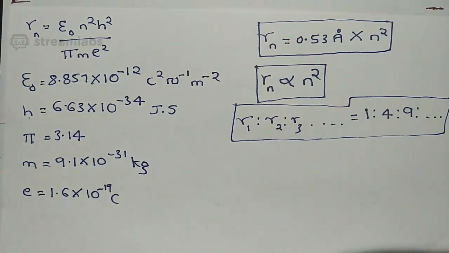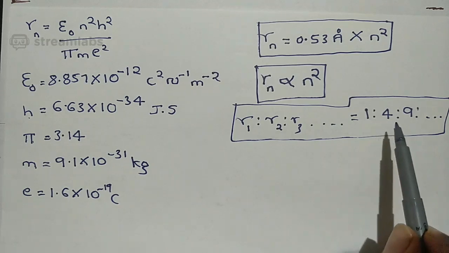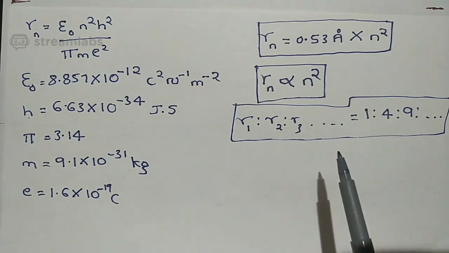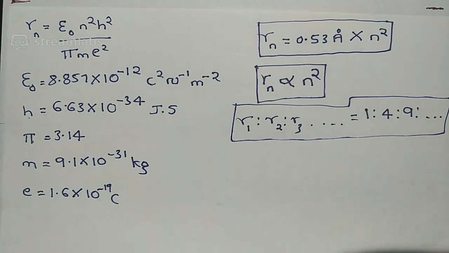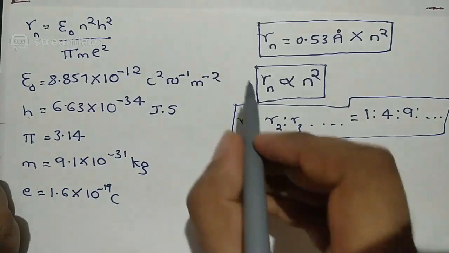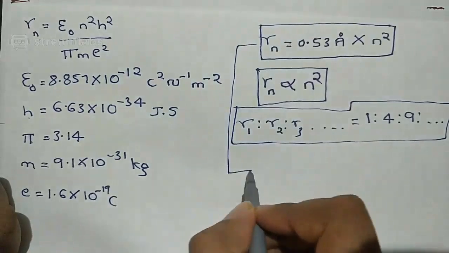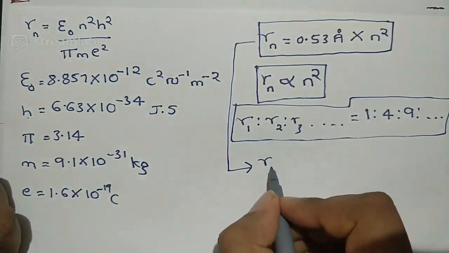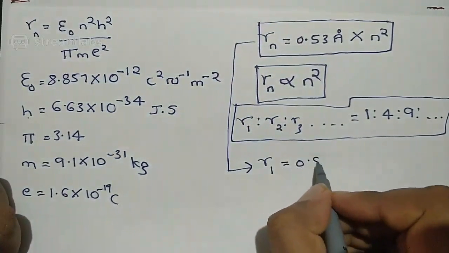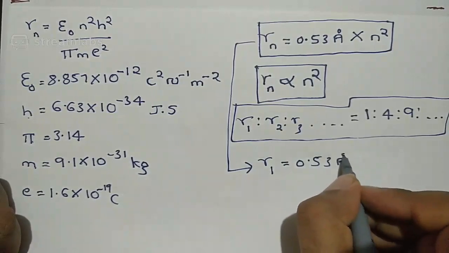That means the gap between first orbit and second orbit, third orbit and fourth orbit, like that. Is it the same? Definitely not. The ratio is 1:4. From this actually you can easily write, radius of the first orbit is 0.53 angstrom.